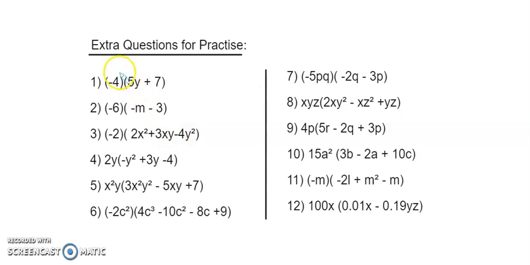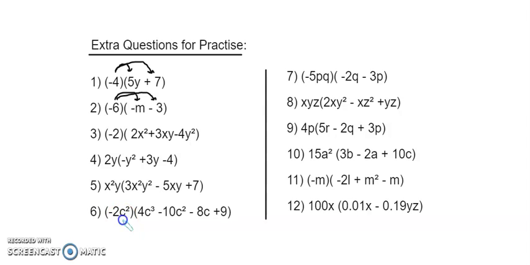So I've taken some extra questions for practice. What is the rule? The number which is outside the bracket has to be multiplied to both of them, which is called the distributive property, and multiplication of a monomial by a binomial. Here minus 4 will be multiplied with 5y and 7. Similarly, negative 6 will be multiplied with minus m and minus 3.